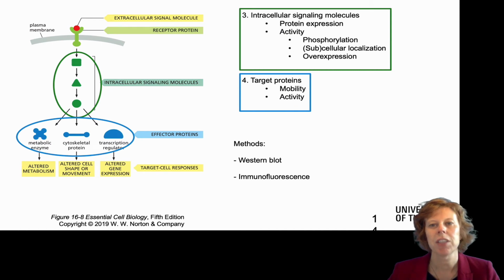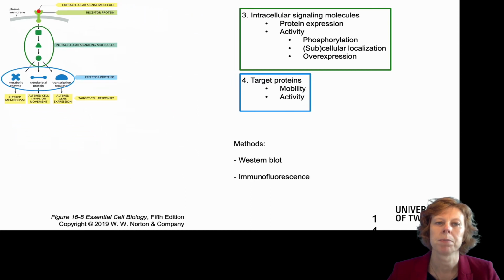In the case of intracellular molecules and target proteins, one would use methods that can identify specific proteins. These methods are often based on using specific antibodies against the protein of interest. Protein expression can be investigated using Western blot and immunofluorescence.